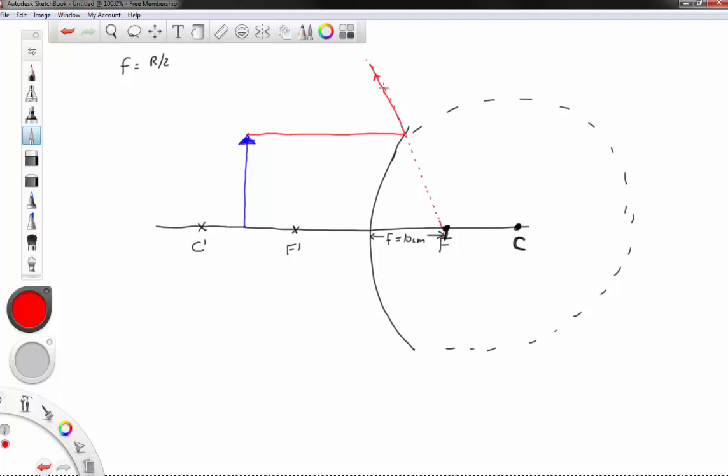Okay, this reflected ray is not the important thing. This dotted line that I've created here is going to be the important thing in this case because it is a convex mirror. Alright, second ray that I need to be able to draw is the ray that is aimed straight at the center of the circle.